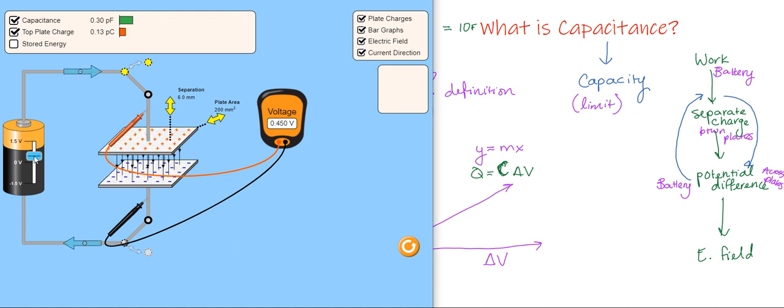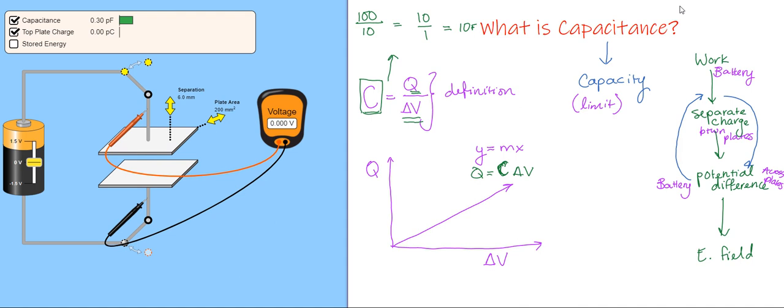When there is no potential difference, there is no charge, even though there still is capacitance, or it has an inherent capacity, but there's no field. So in the next video, what we're going to do is take a look at what actually determines the capacitance of the capacitor, if the definition of capacitance is the amount of charge per volt.